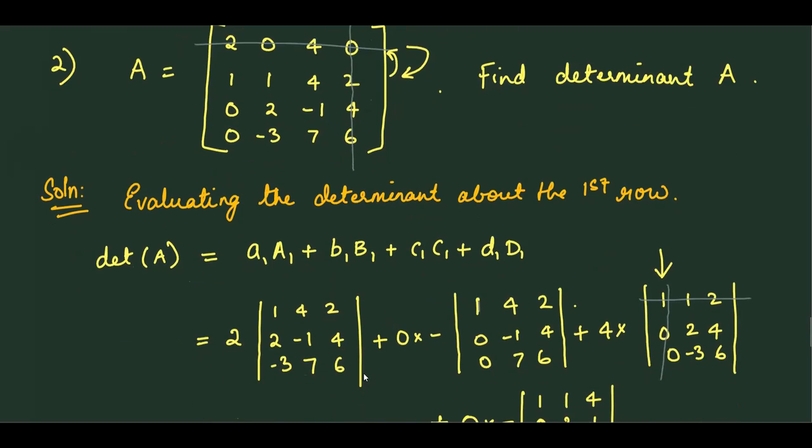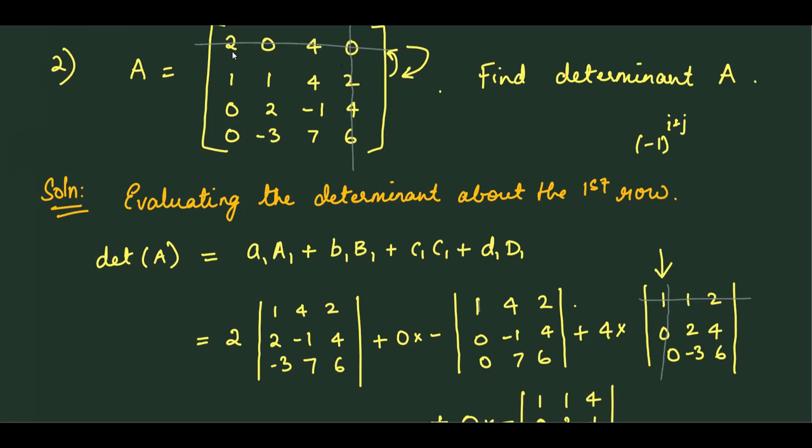Minors will be the same, but cofactors, because of the position, this is second row, first column, A21, so minus 1 to the power i plus j. Here you will have minus plus minus plus.